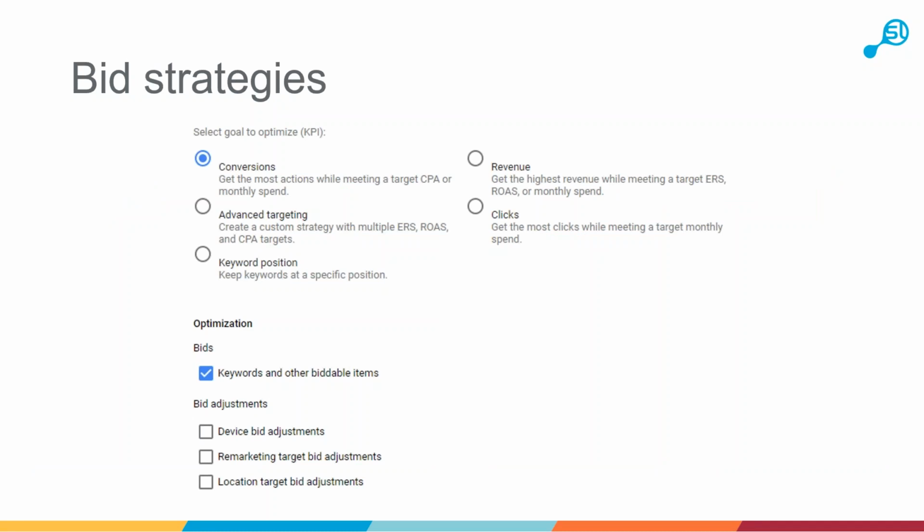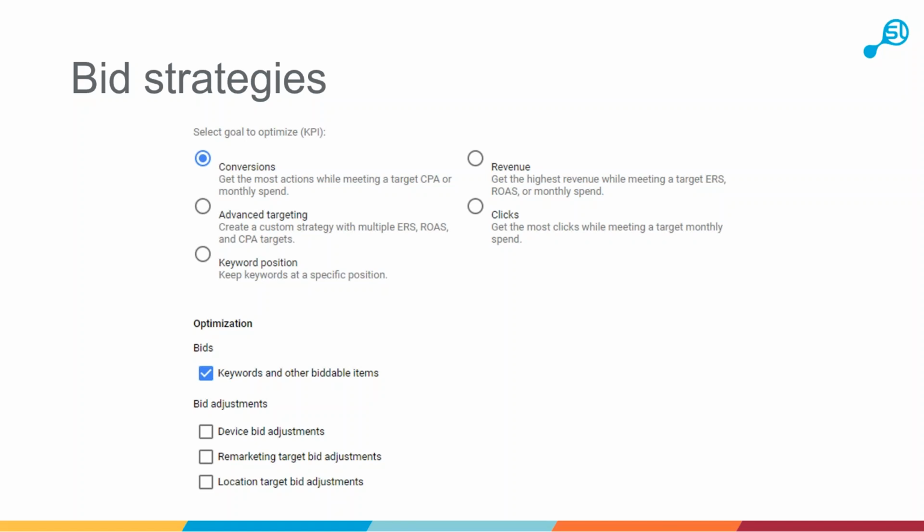So bid strategies. Some of the best things about search ads bid strategies is how many options you have available. Here you can see some basic conversion and revenue targets. These allow for simple targeting of CPA. For example, you might be a travel company and maybe you know you don't want to spend any more than $35 on a booking conversion, or ROAS or cost of sale for an e-commerce or retail client.